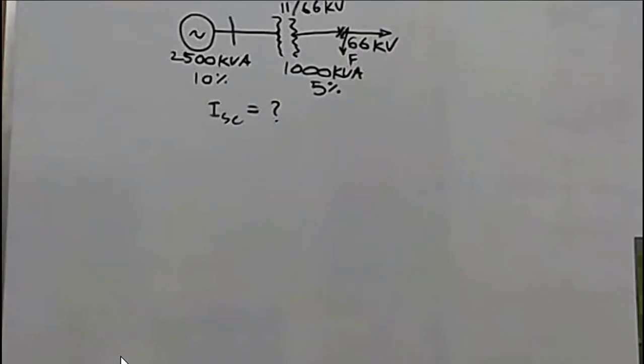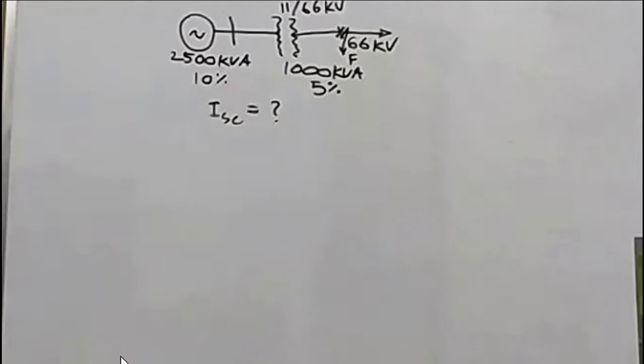Suppose we choose 2500 kVA as the base at first, and next time we will choose 500. You will see that the base choosing does not affect the result. The impedance will be the same, whatever base we choose.